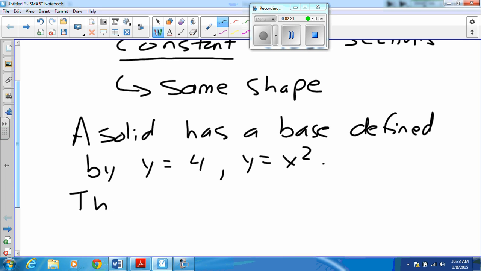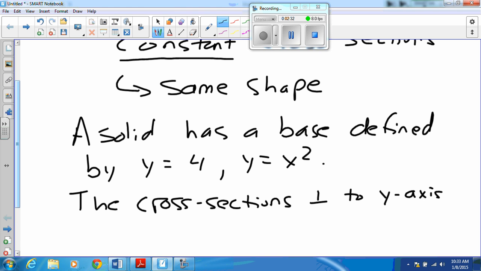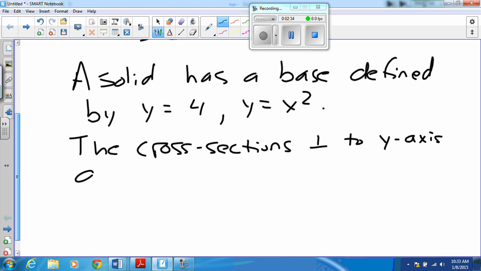The cross sections perpendicular to the y-axis are, let's make up a shape here, how about semicircles? Find the volume of the solid.